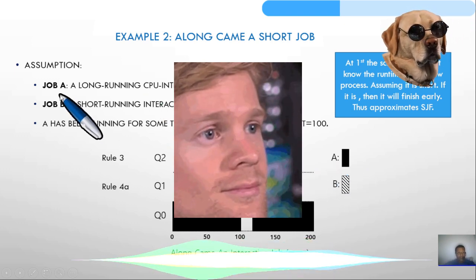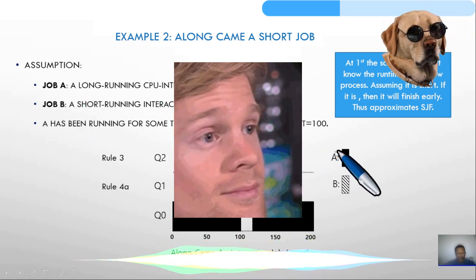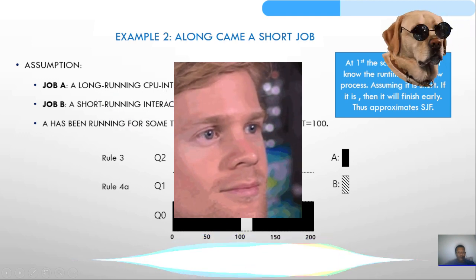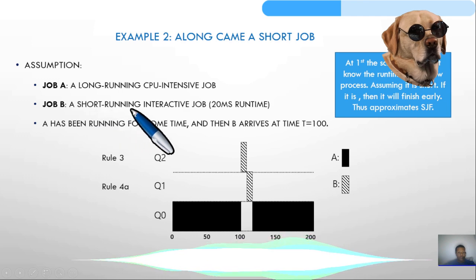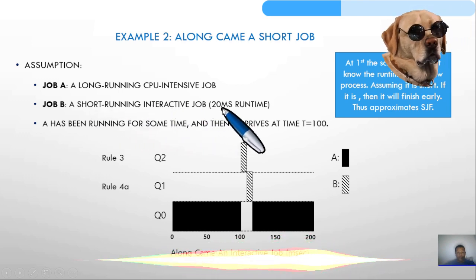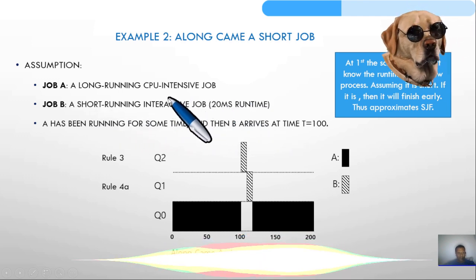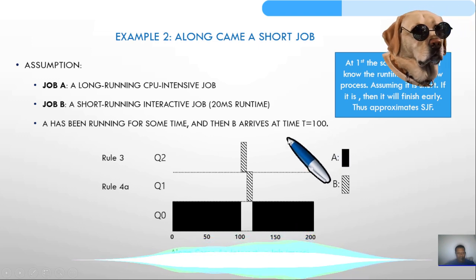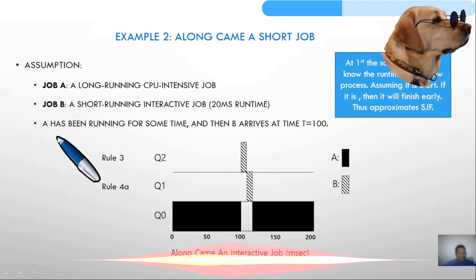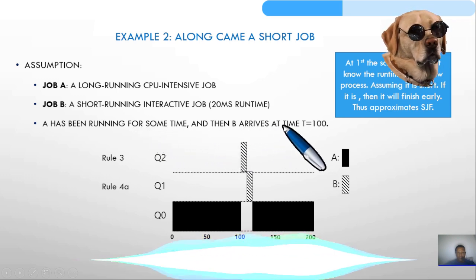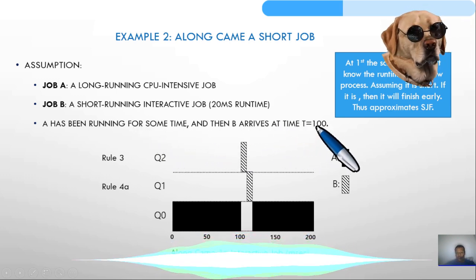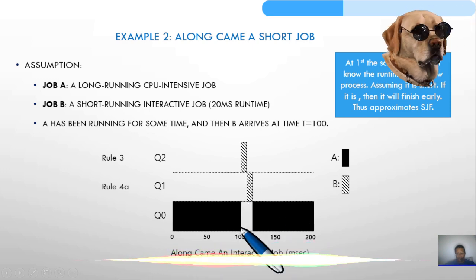We have job A, a long-running CPU intensive job. But job B is a short-running job with a 20 millisecond runtime. A has been running for some time, and then B arrives at time t equals 100, for example, here.